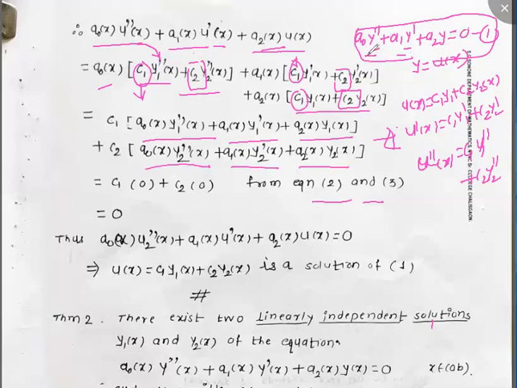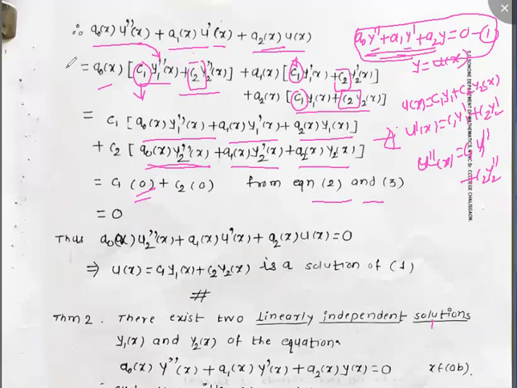So c1 into 0. Similarly, y2(x) is also a solution of the same differential equation, so a0(x) y2''(x) + a1(x) y2'(x) + a2(x) y2(x) = 0. So c2 into 0, c1 into 0, and the addition is 0.